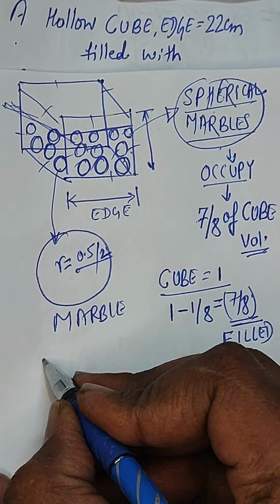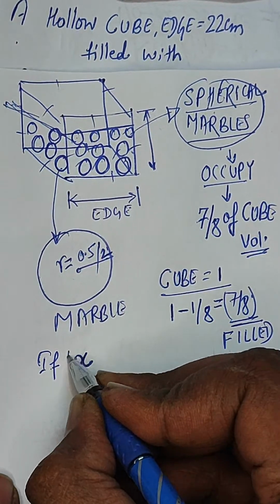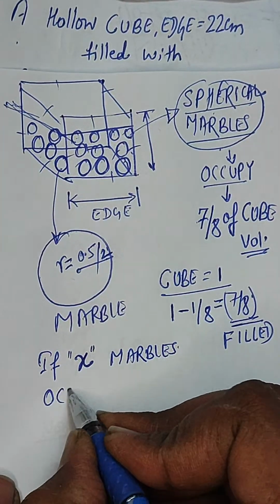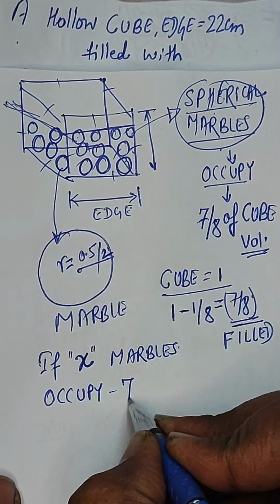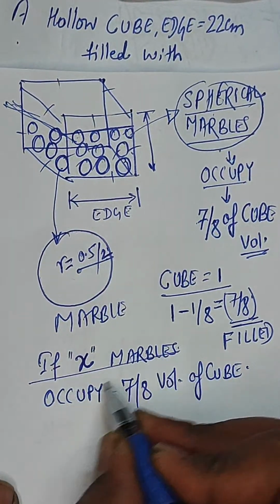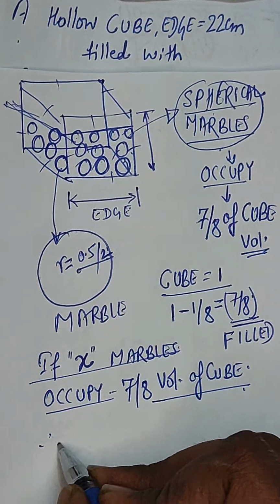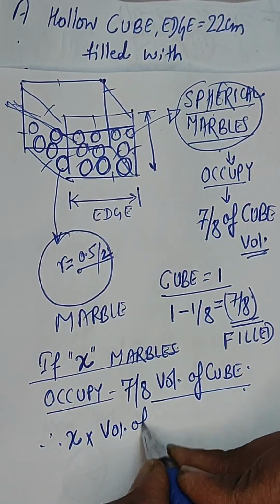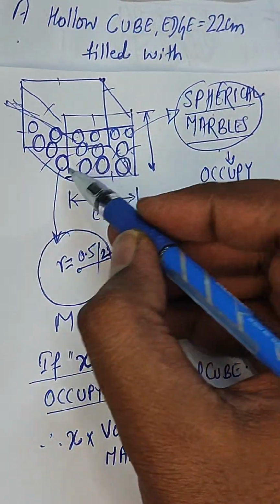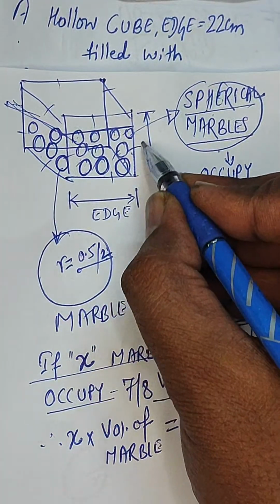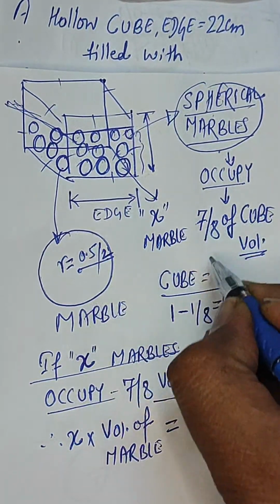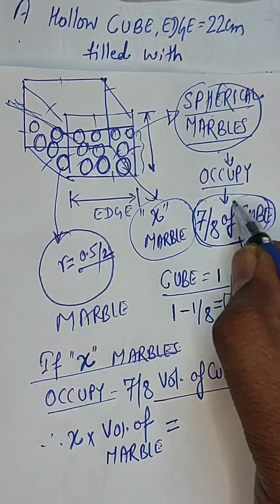So if x spherical marbles occupy 7 by 8 volume of the cube, therefore we can say that x times the volume of a spherical marble, because there are such x marbles, is occupying the volume of 7 by 8 portion of the cube.